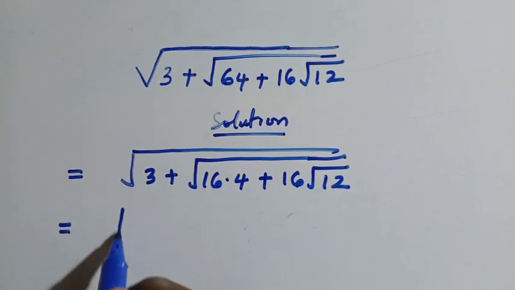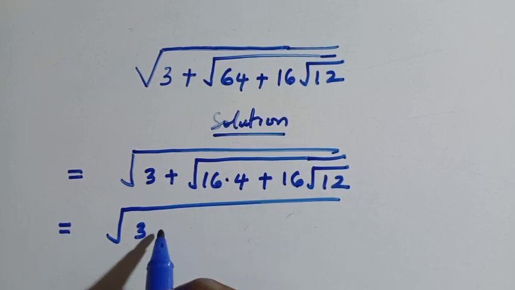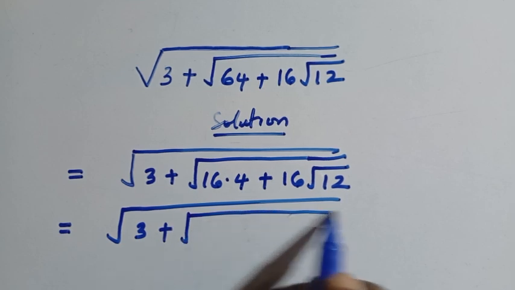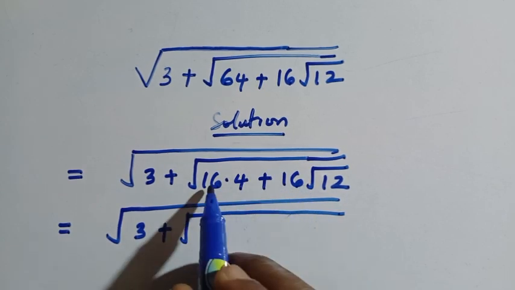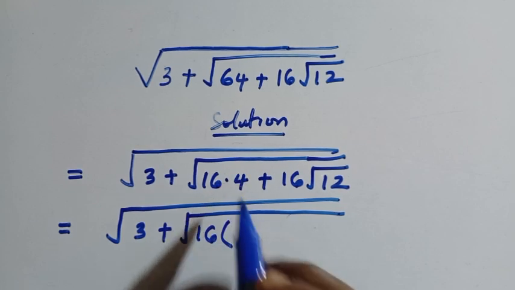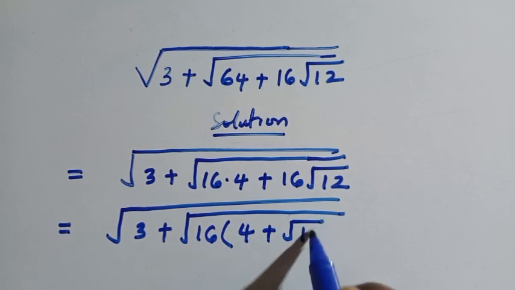And next we have the square root of 3 plus the square root of, so with this and this, 16 is common. When we factor out 16, here we have 4 plus square root of 12.